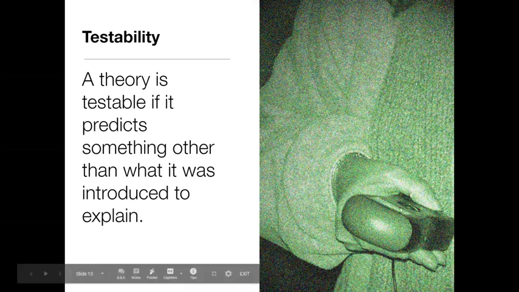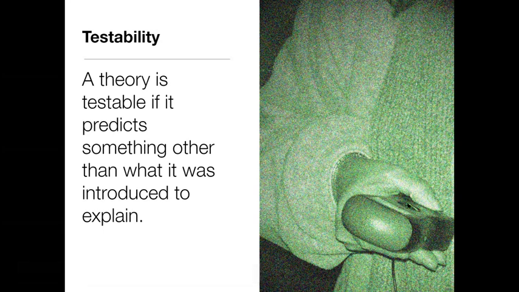So a theory is testable if it predicts something other than what it was introduced to explain. Another reason I'm picking on the ghost hunter people is because they often come up with circular pieces of evidence. Like, here's my ghost meter and it's off the charts. Okay, well, what is your ghost meter testing for? Ghosts, right? Well, that's a circular form of testing.